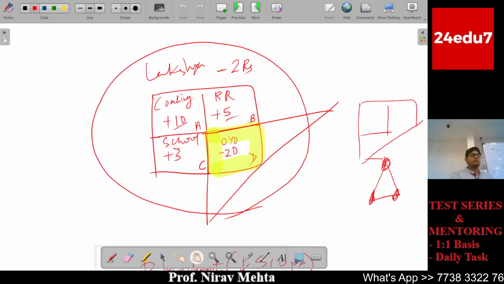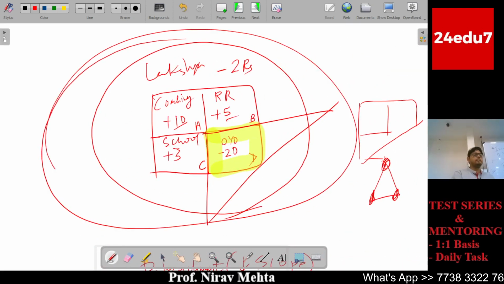Now just for a reference, draw this. So you will remember why we are doing this. A, B, C, D. Draw anywhere, at the top, bottom, wherever you want.